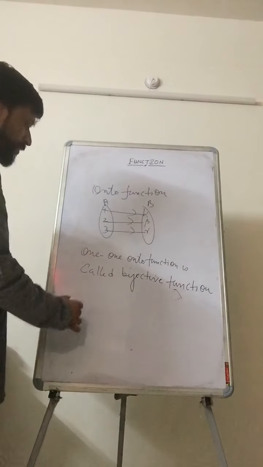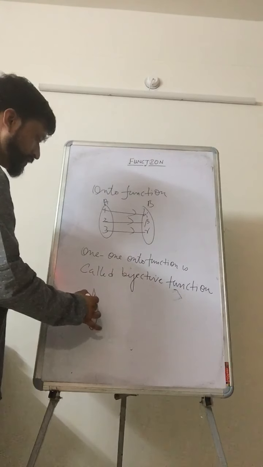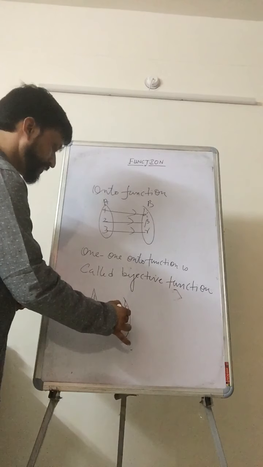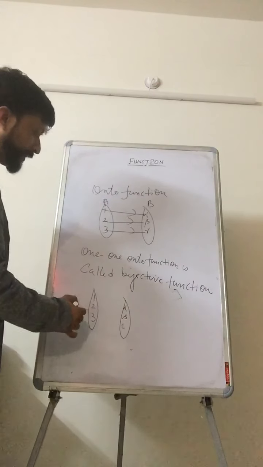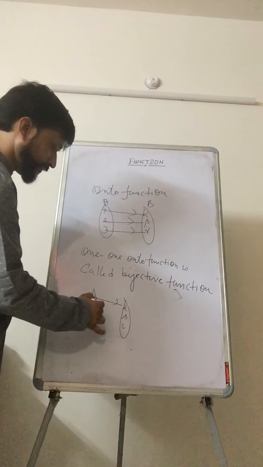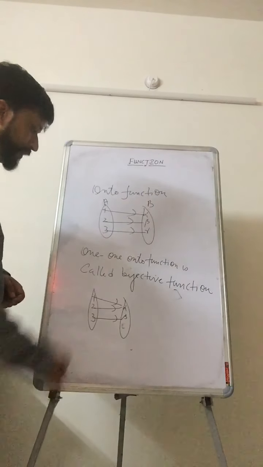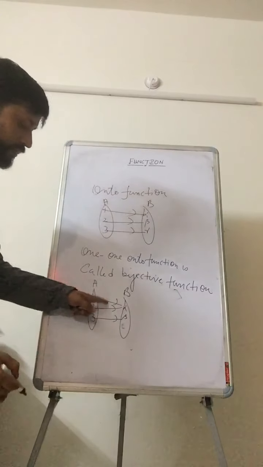Now an example of many one onto function. 1, 2, 3, here take the same alpha, beta, 2 I am taking. So many one onto, this is linked with this, and this is linked with B. So this is your function.